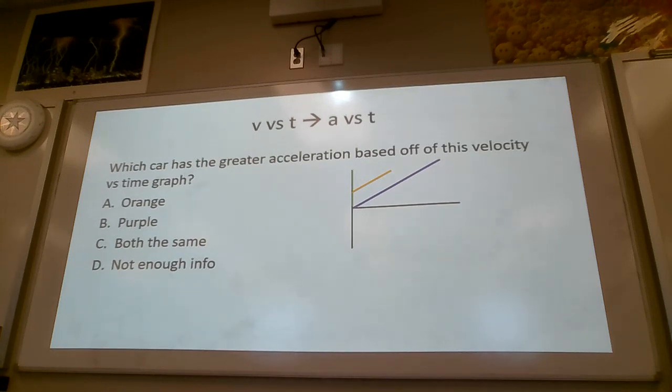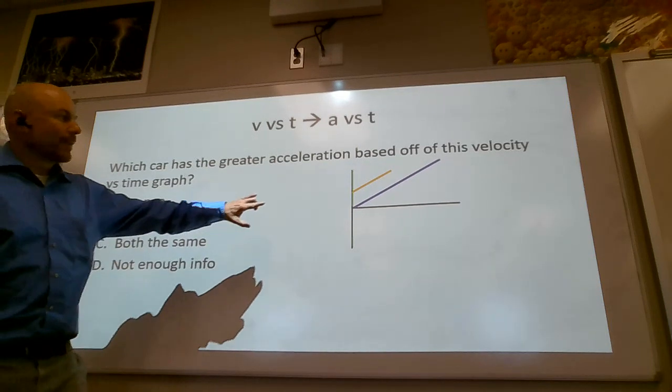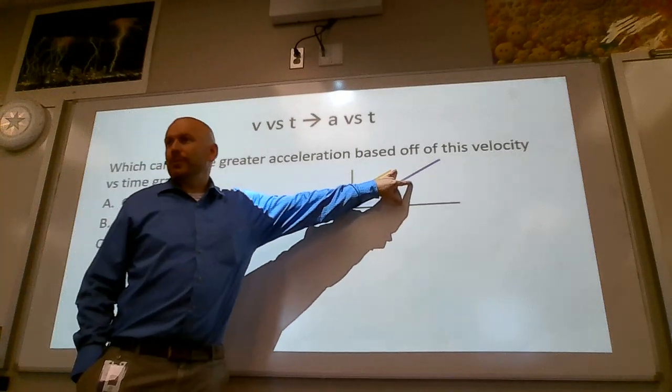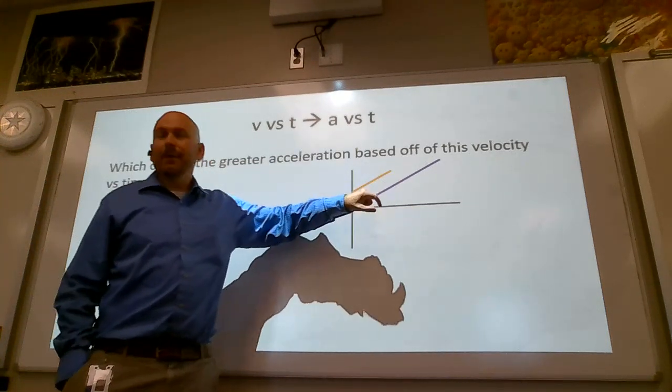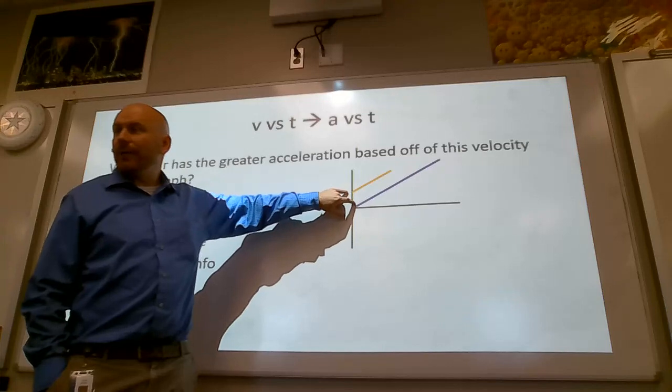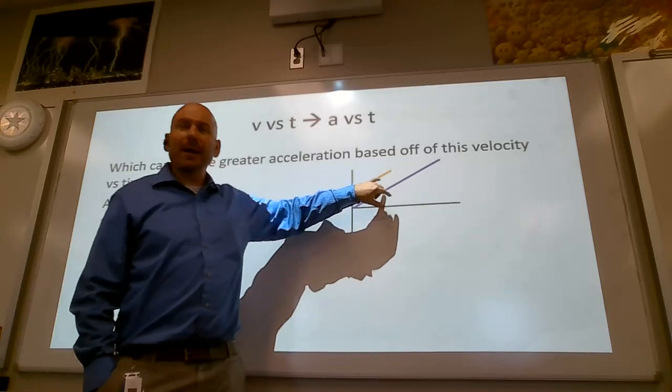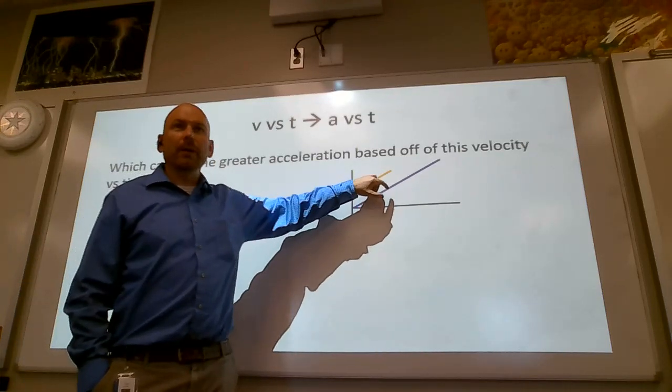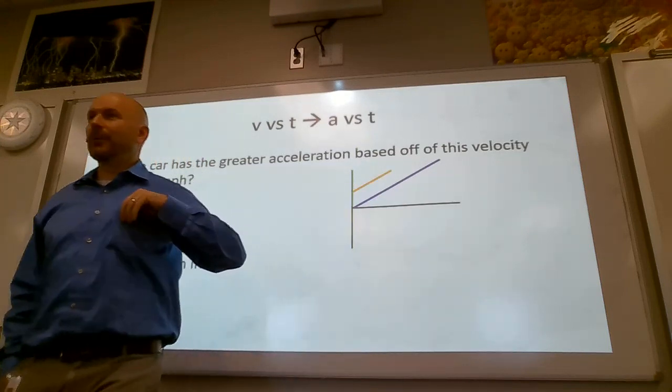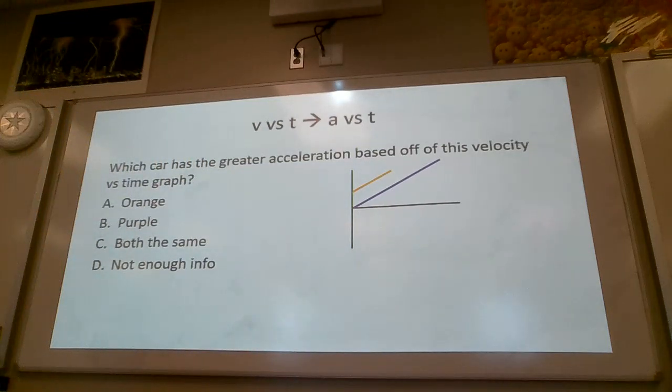Correct answer is C. They have parallel slopes. Okay. It doesn't matter which one's starting faster or ending faster. What matters is how quickly they're changing their velocity. Good with that? We have a pre-quiz due tomorrow.